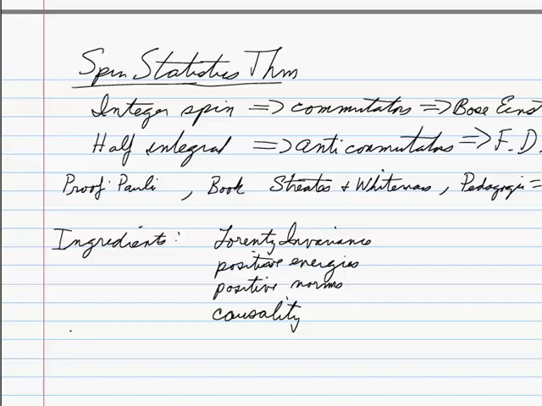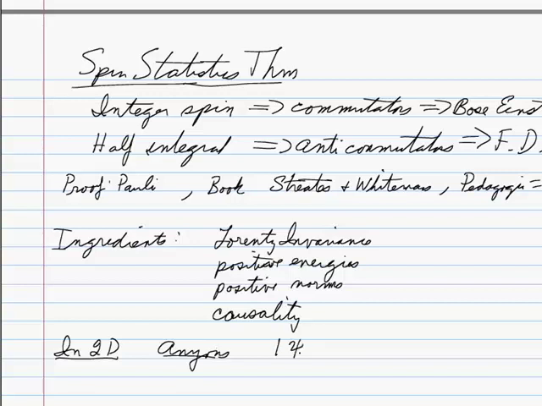And there actually is a counterexample. The counterexample is in 2D. This is a theorem that's been proven in 4 dimensions. That's where Lorentz invariance comes in. In 2D, it's not true anymore. In 2D, there can be anyons, which are anything between a boson and a fermion.